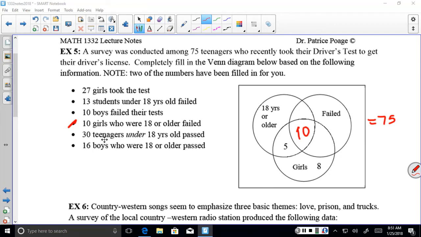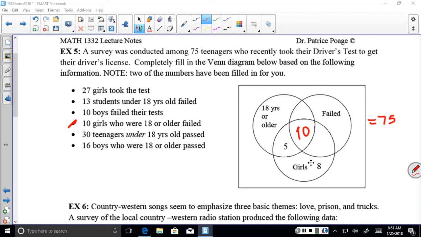30 teenagers. So that's boys or girls. That's anybody. Under 18 years old. So they're not in this circle anymore. They're under 18. So we're talking about these 4 spots right there. These 4 spots. Under 18. And it says they passed. So out of these 4 spots, the ones that passed would be right here. I already have 8, and it tells me there's 30 total.